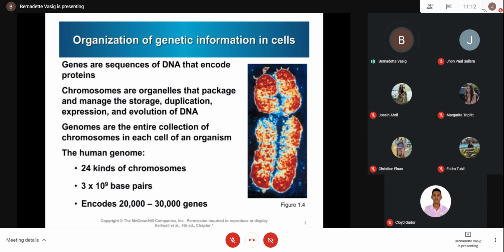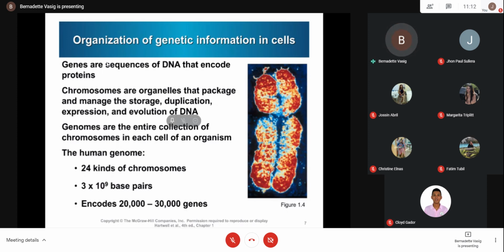Chromosomes are defined as organelles that package and manage the storage, duplication, expression, and evolution of DNA. In terms of structural makeup, they are composed of DNA plus histone proteins. And genomes are the entire collection of chromosomes in each cell of an organism. I always emphasize the cell part because remember, organisms can be multicellular or unicellular.